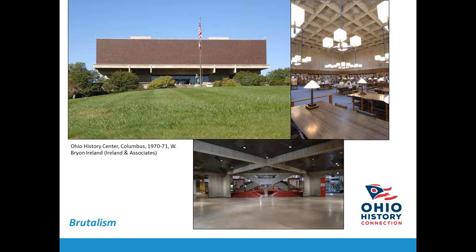And we see this daring design of the building articulated through this large, massive block that is cantilevered over the glass plaza level, and then with the museum level spreading out below it underground. And Byron Ireland was the architect.